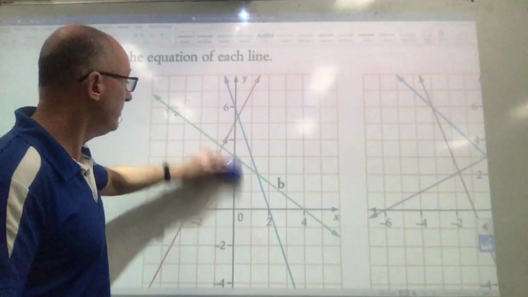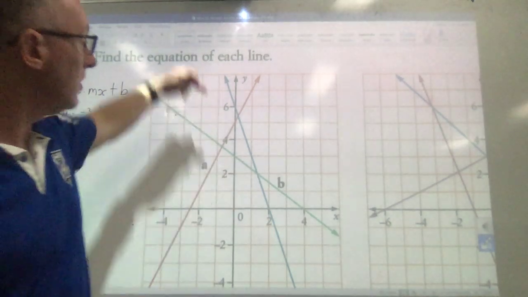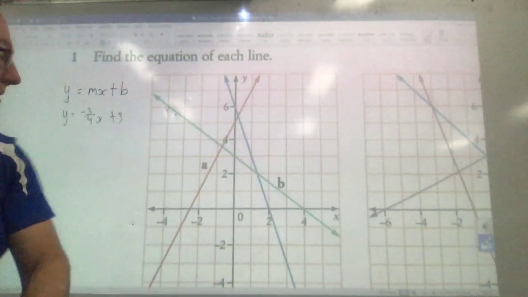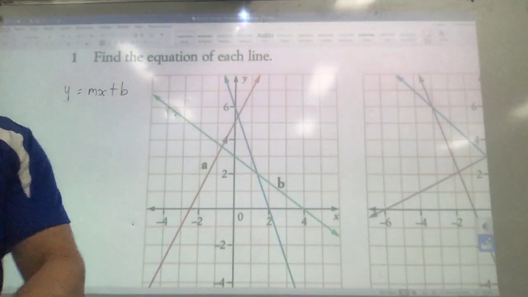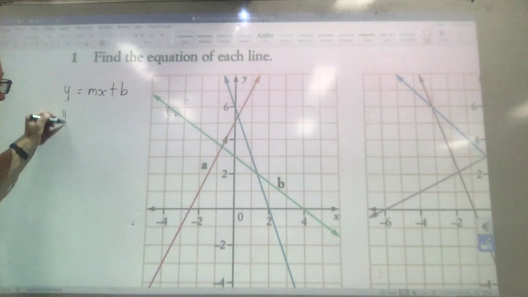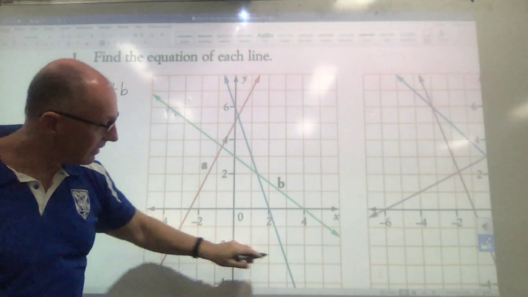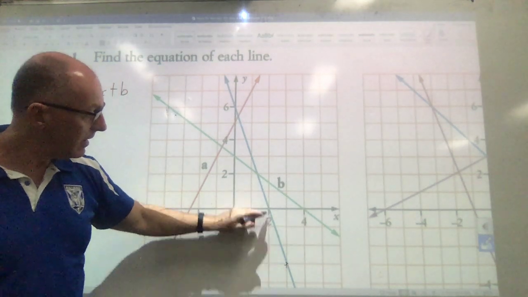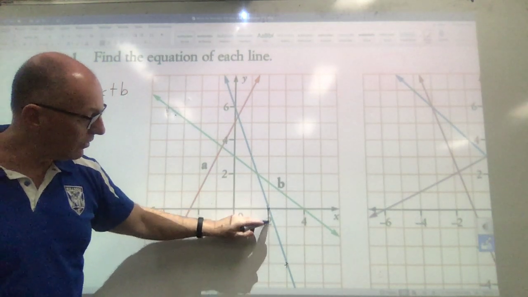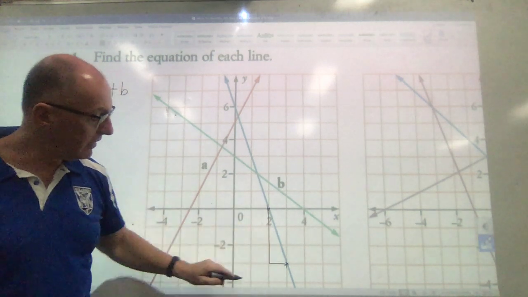Let's do the next one. Let's do the blue line. The blue line is also going down. Okay, so the blue line has a negative gradient. Let's find m. Let's find the gradient. Find two corners. A corner there. A corner there. It could be any corners you like. Gradient is rise over run.